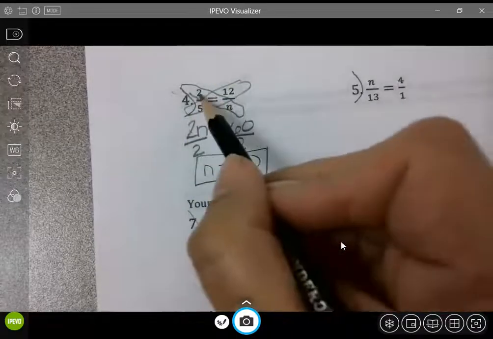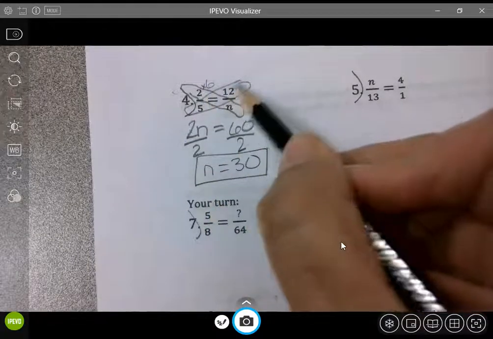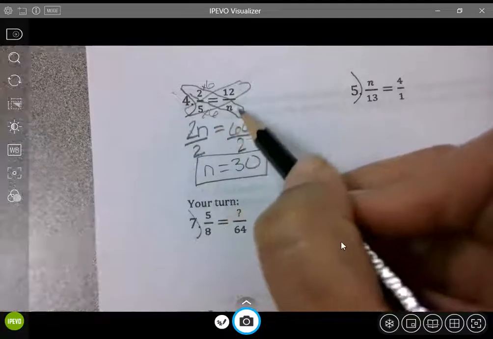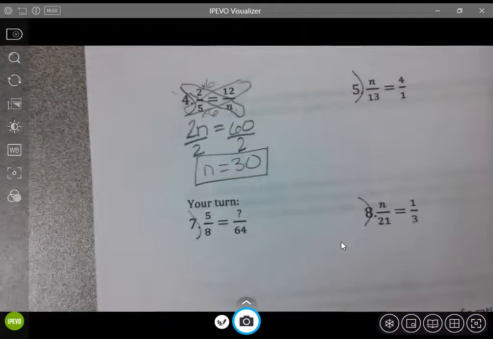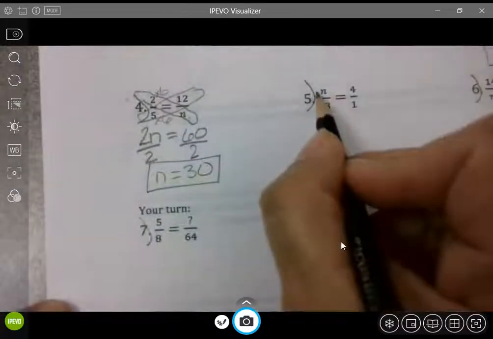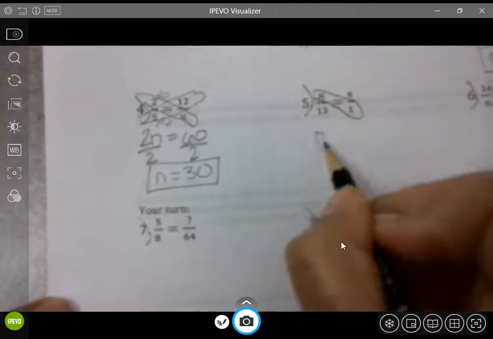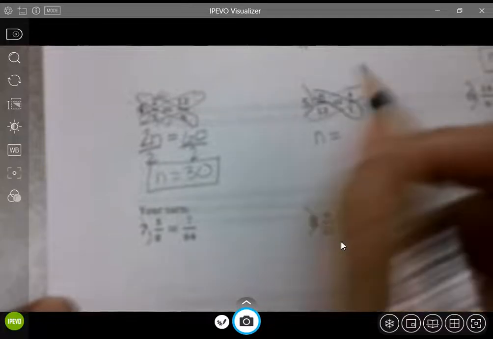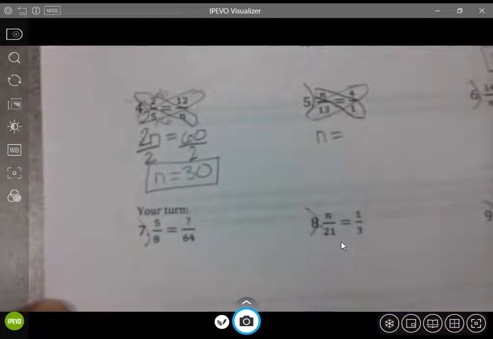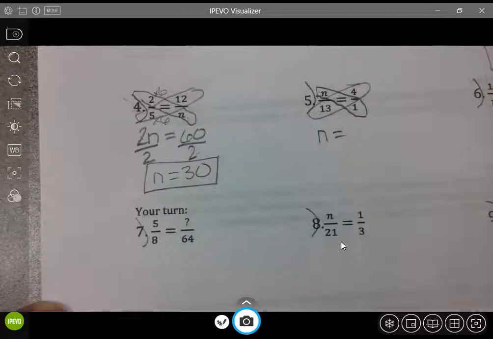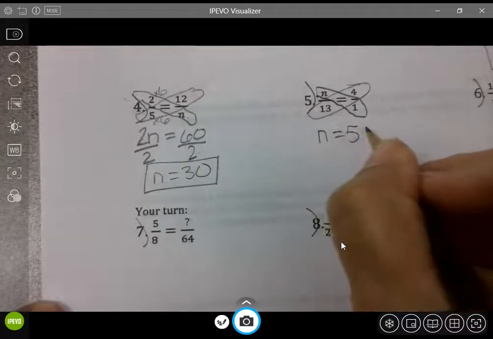And then I can just check. 2 times 6 would have given me 12. 5 times 6 would give me 30. And that's exactly what I got. Do the one with my variable. n times 1, n. 13 times 4. Whoa. Using my calculator, 52.